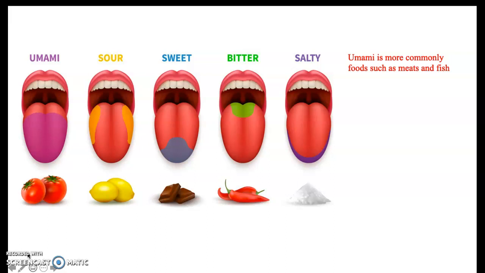So you've got a lot of your meats, your fishes, as the image here shows, tomatoes. So very common foods that we use in most of our cooking. And these all have specific locations on the tongue as to where their specific sort of receptors can be found. Okay, and you guys are definitely going to have to know the locations of these five.